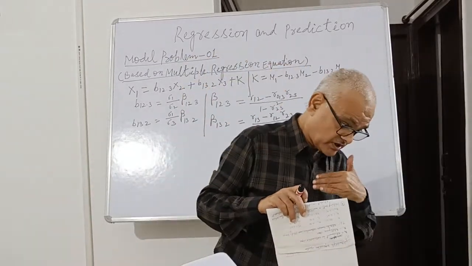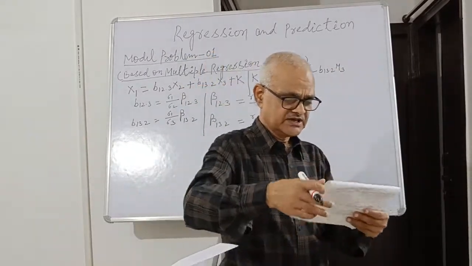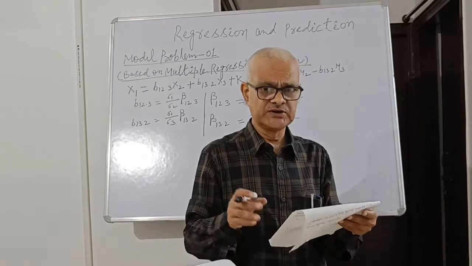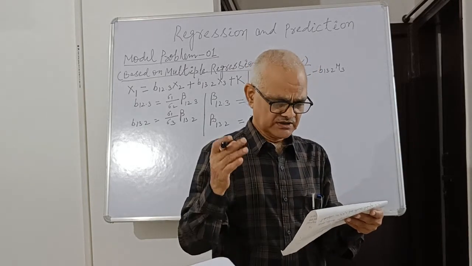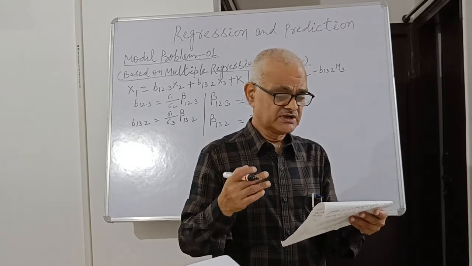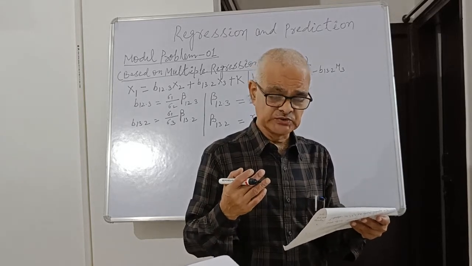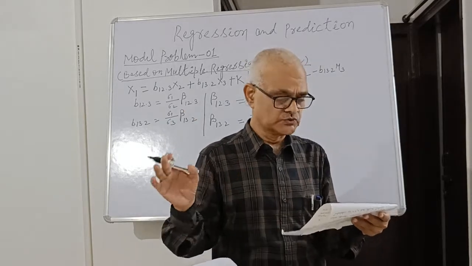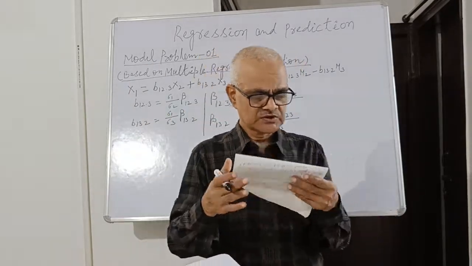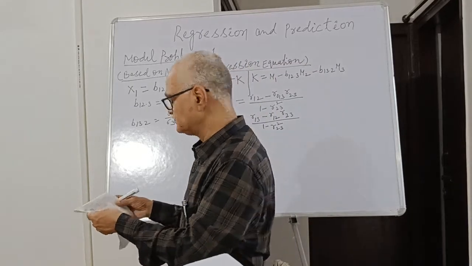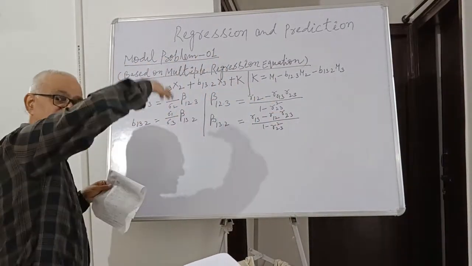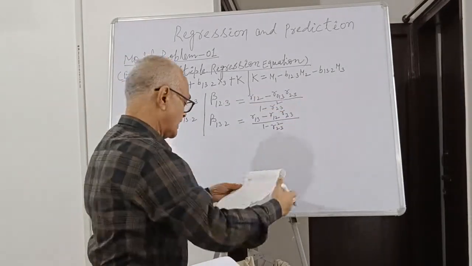We have to come across all these stages where we have to find the value of b12.3, again the value of k, again the value of beta 12.3 and 13.2, and like that. So firstly we have to find this value, and gradually we have to move backward.